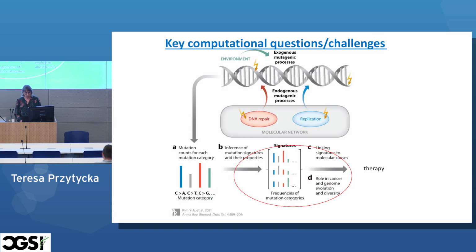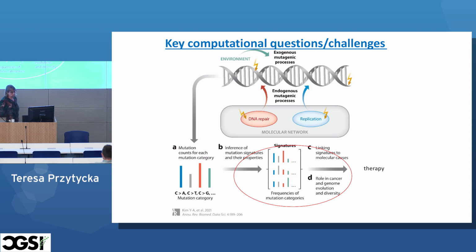So that's one challenge. Okay, now let me move to the second group of challenges. Assume that we have those mutational signatures, but as I said, for only very few of them do we understand quite well what they are doing, and for most of them our understanding is incomplete.